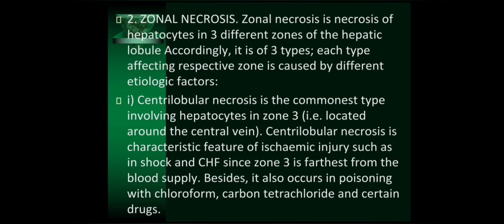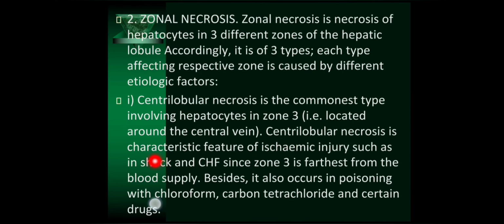Zonal necrosis is the necrosis of hepatocytes in three different zones of hepatic lobule. Accordingly, it is of three types. Each type will affect the respective zone and is caused by different etiologies. So first is centrilobular necrosis, which is the commonest type of hepatic necrosis in zone 3, that is around the central vein.